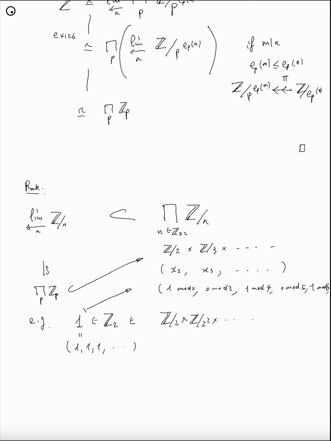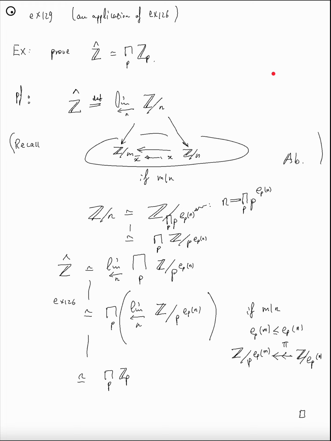This is strange, because there is no term like this for mod 6, so why do I have to put 1 mod 6 here? It's because Z mod 6 is isomorphic to Z mod 2 times Z mod 3 by the Chinese remainder theorem, and also under the transition maps here.